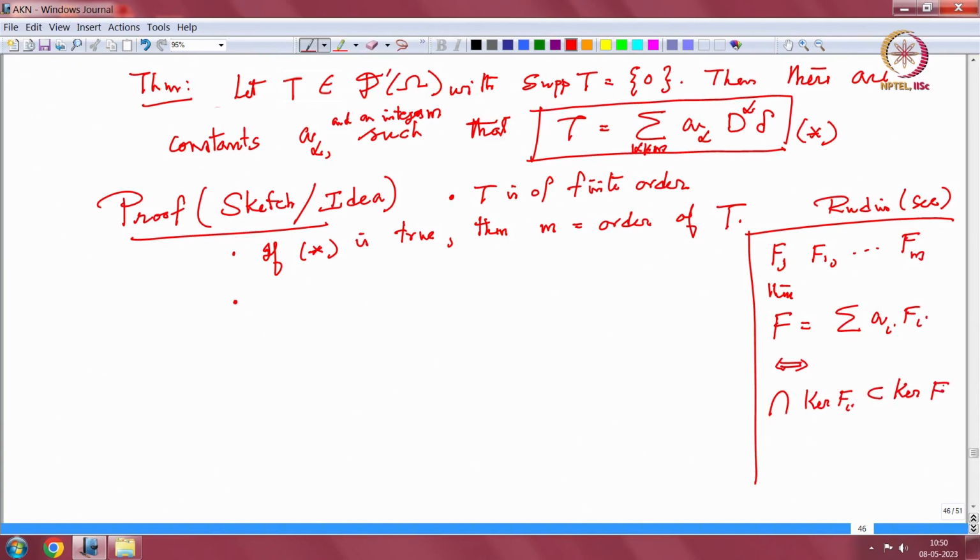That means if f_i of phi vanishes for all i, then f of phi vanishes.